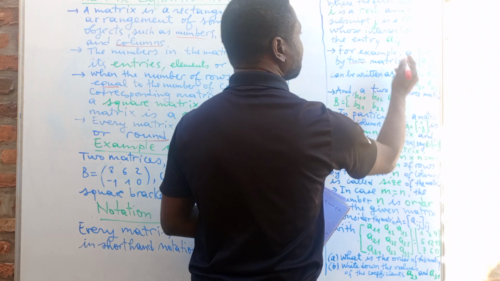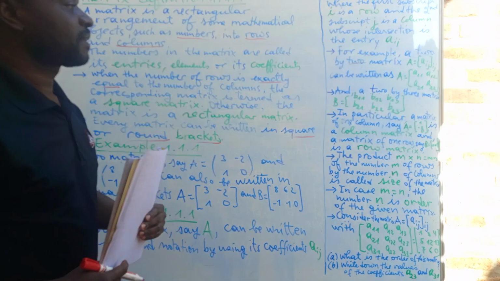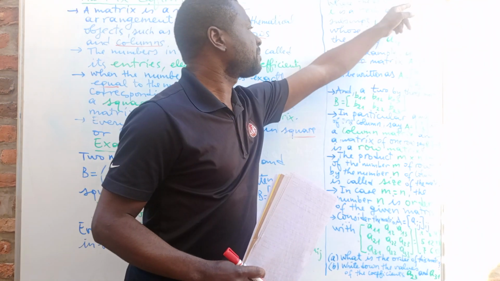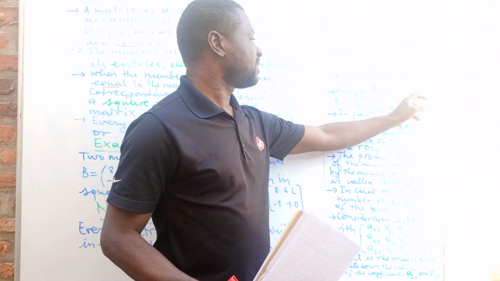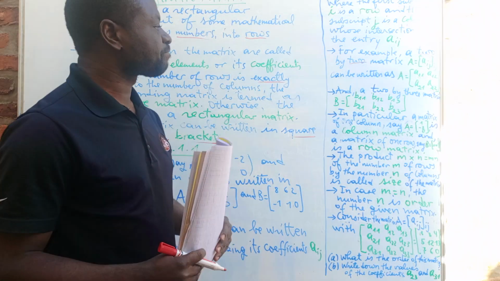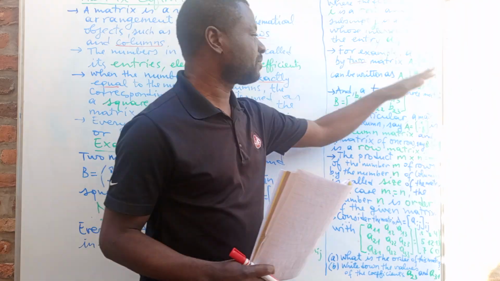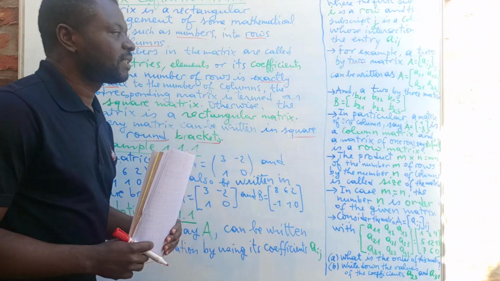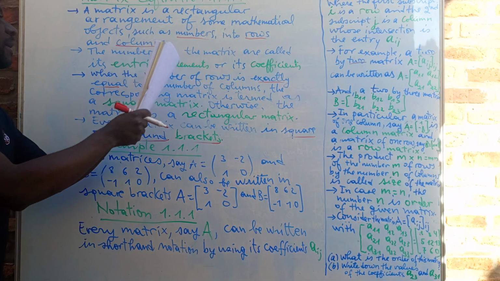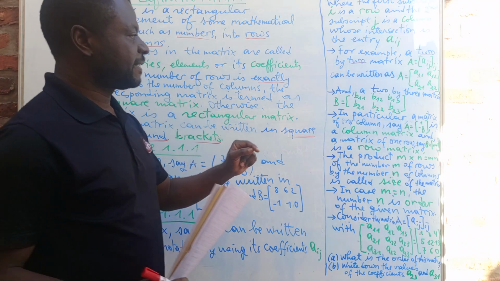So the first index, the first subscript, indicates the row at which the coefficient, entry or element is located.